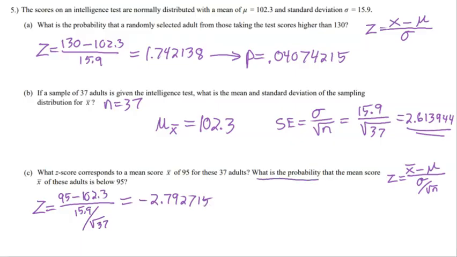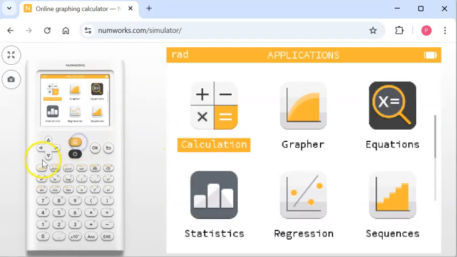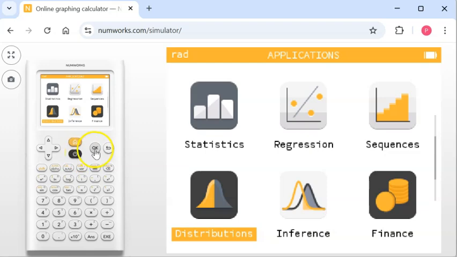Now it says, what is the probability that the mean score x bar of these adults is below 95? Well, all they're asking for is the proportion below the z-score of negative 2.792715. So P equals, we're going to go back to the NumWorks. We're going to go home, and go down to the distribution.